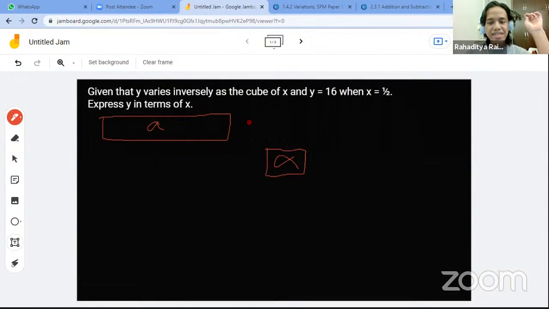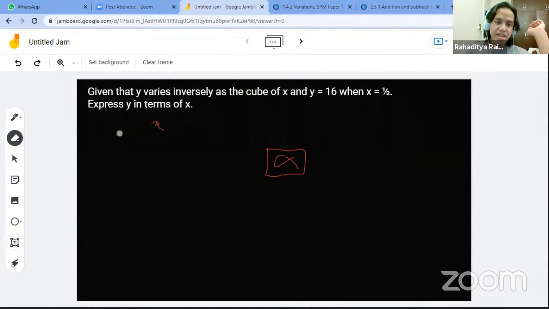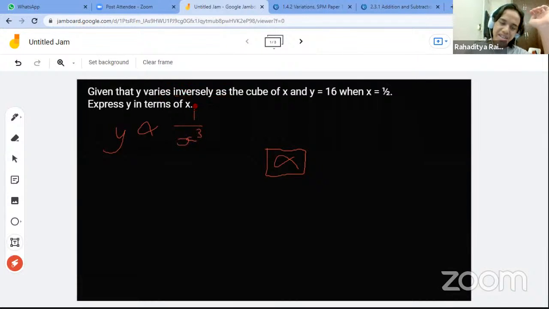The way you have to write it is y alpha 1 over x cubed. So you have to pay attention to the question. Varies inversely, meaning that's 1 over something, as the cube of x. So the something is the cube of x, which is x cubed. And y is equal to 16 when x is equal to half. Express y in terms of x.